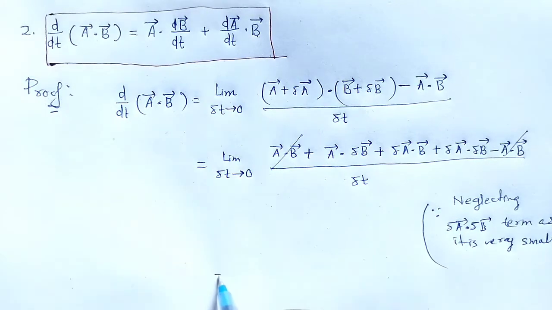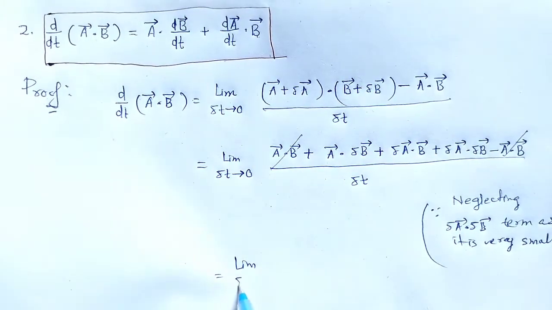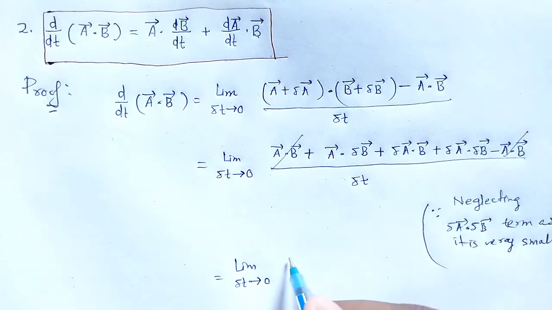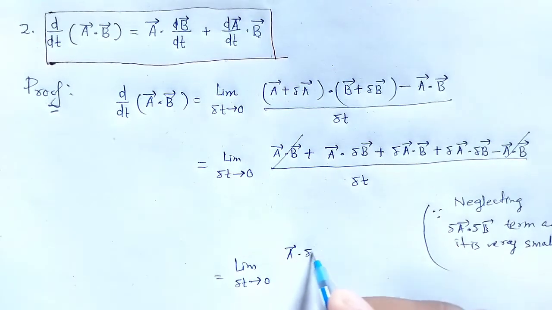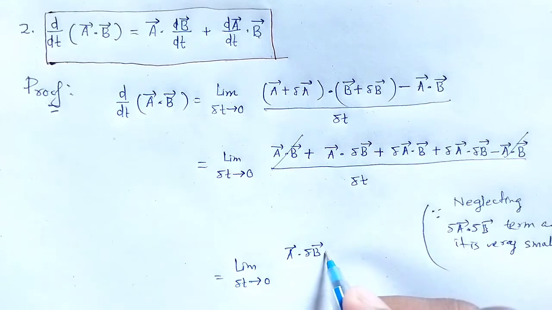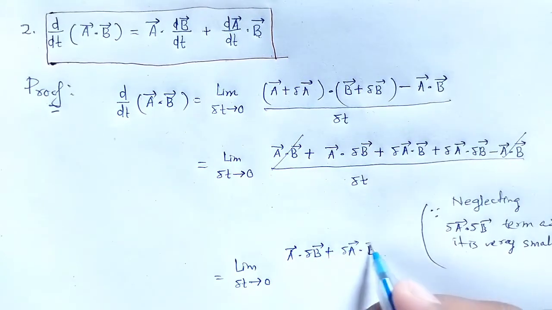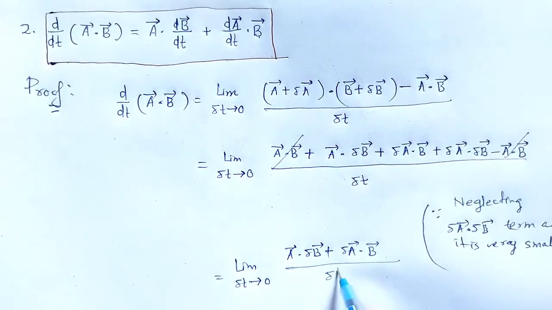Then we can write limit del t tends to 0 of a dot del b plus del a dot b divided by del t.